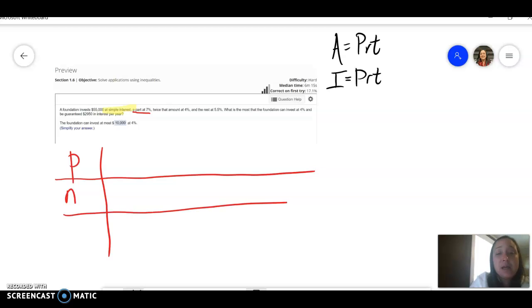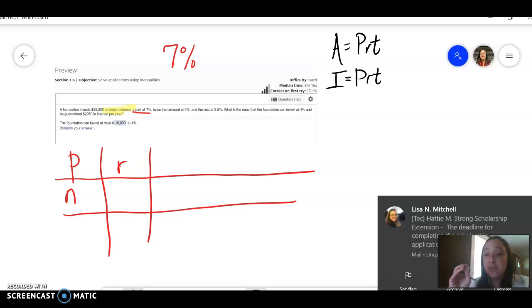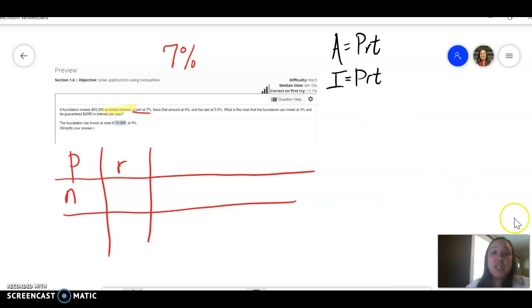So that unknown amount is going to be a part invested at 7%. That is my interest rate, right? But with these types of problems, we cannot use the interest rate in percentage form. I need to change that percentage to decimal form, which means I need to move the decimal over 2 places.